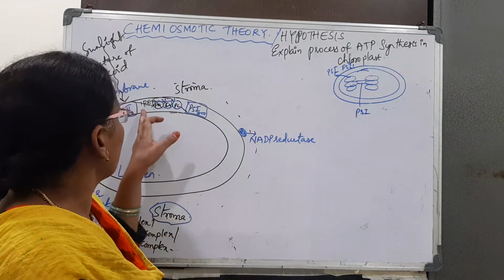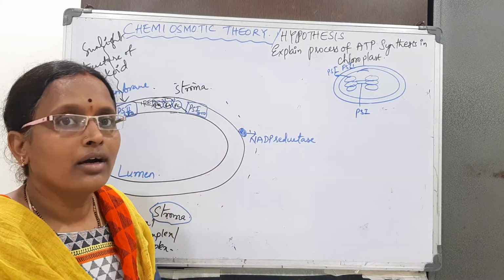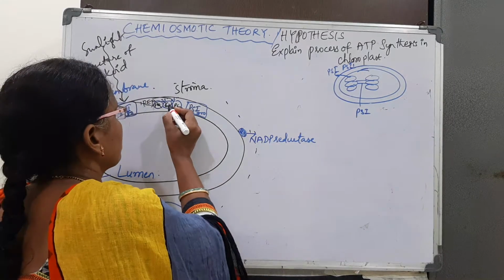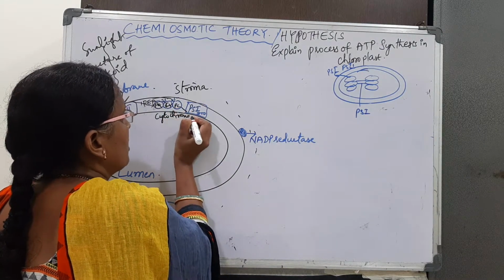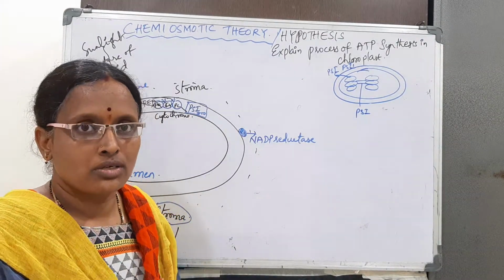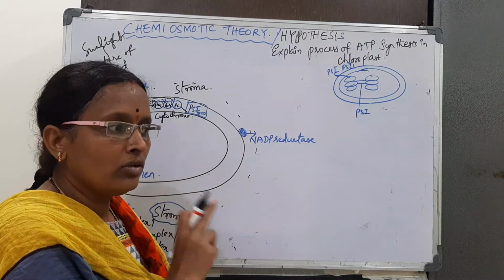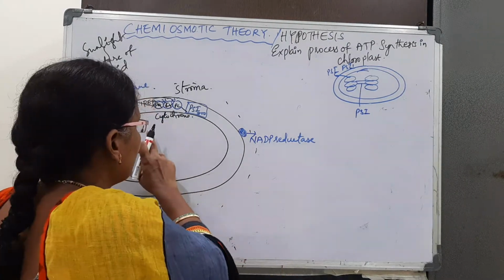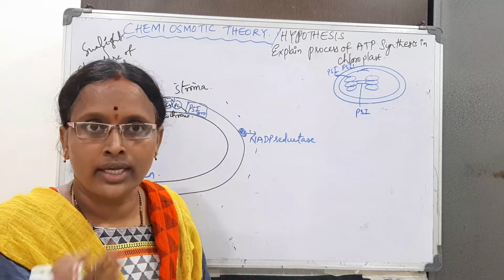While they are passing through the electron transport chain, the cytochrome performs two functions. One is, it is an electron acceptor. It accepts the electron and passes it to the next complex, that is plastocyanin.